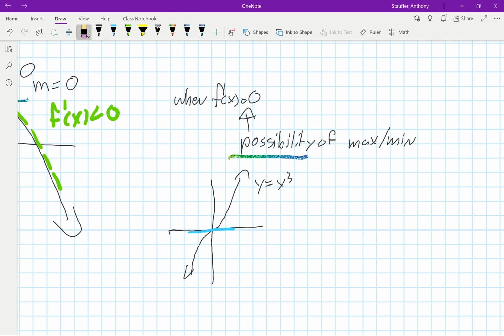So the slope of the tangent line would still equal 0, and that means that f prime at x would equal 0 at that point. But you notice I don't get a minimum or a maximum there. So that's where the word possibility comes into play, and that's what makes it important.